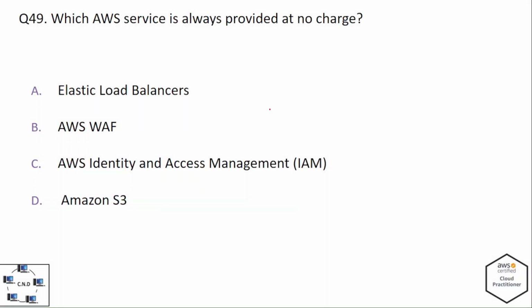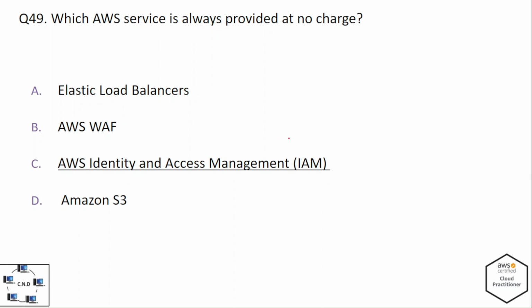Let's move forward to the next question. Which AWS service is always provided at no charge? And again, options are A. Elastic Load Balancers, B. AWS Web Application Firewall, C. AWS Identity and Access Management, and D. Amazon S3. And the correct option is AWS Identity and Access Management.